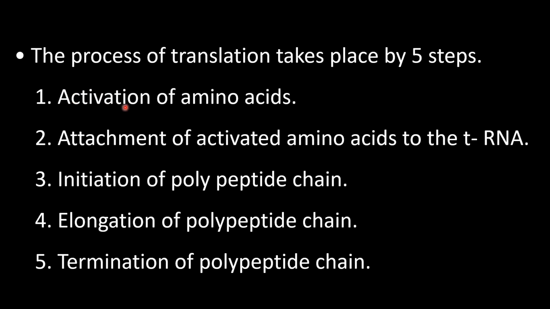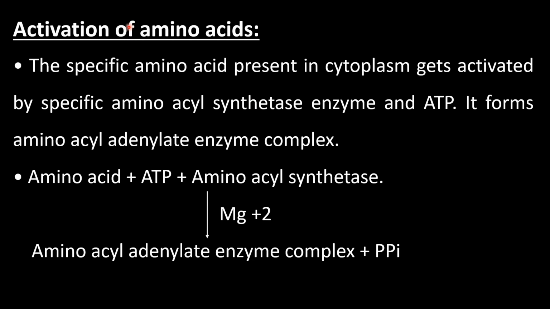The first one is activation of amino acid. The amino acids are bound by peptide bonds. Formation of peptide bonds requires energy. Therefore, the first step is activation of amino acid in the presence of ATP. ATP is the energy currency.